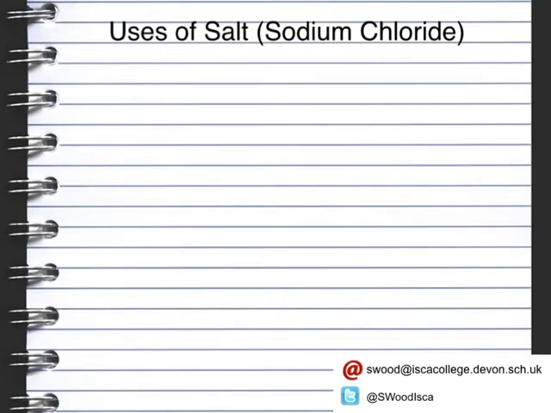Salt, which has the chemical name of sodium chloride, has several uses. The most obvious use that you're probably familiar with is flavouring for things like fish and chips and other foods, and for preservatives. But it's also used as a raw material for the chemical industry.